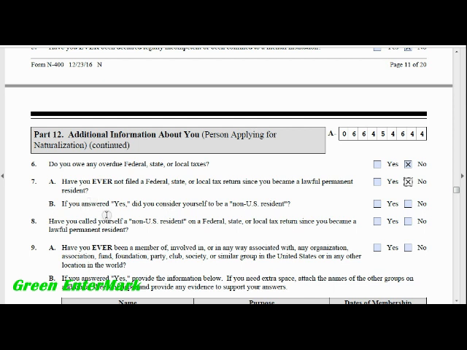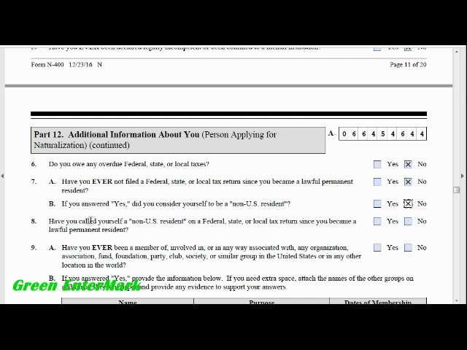If you answered yes, did you consider yourself to be a non-resident? If you answered the A question yes, then, no. Non-US resident.